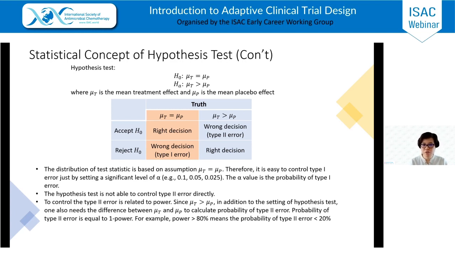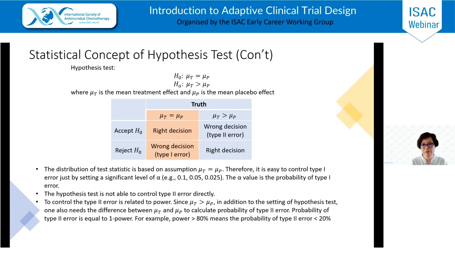For one trial, that's it. Either you make the right decision or you make a wrong decision. But think about if you do this all the time. For example, from the FDA's point of view, the FDA approves so many drugs a year, let's say 100. They control this type 1 error, which means they allow 5% to be wrong, right? So 95% of them are right.